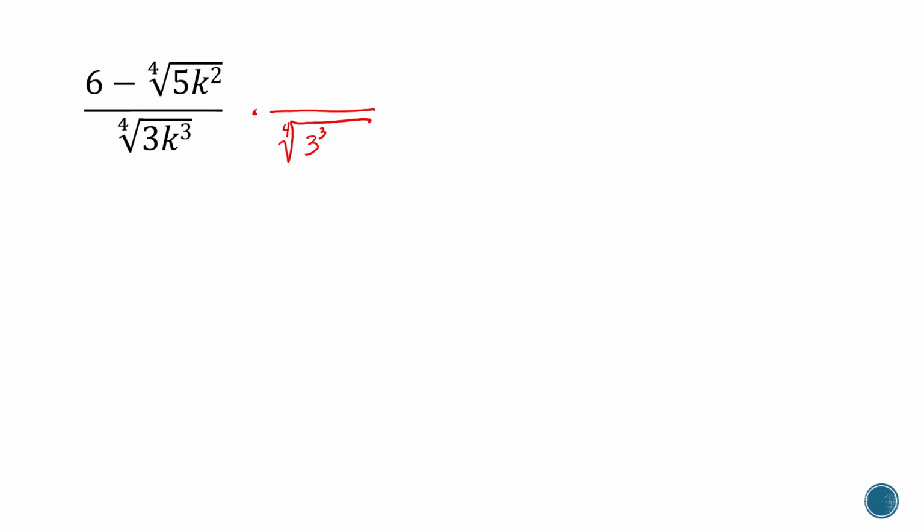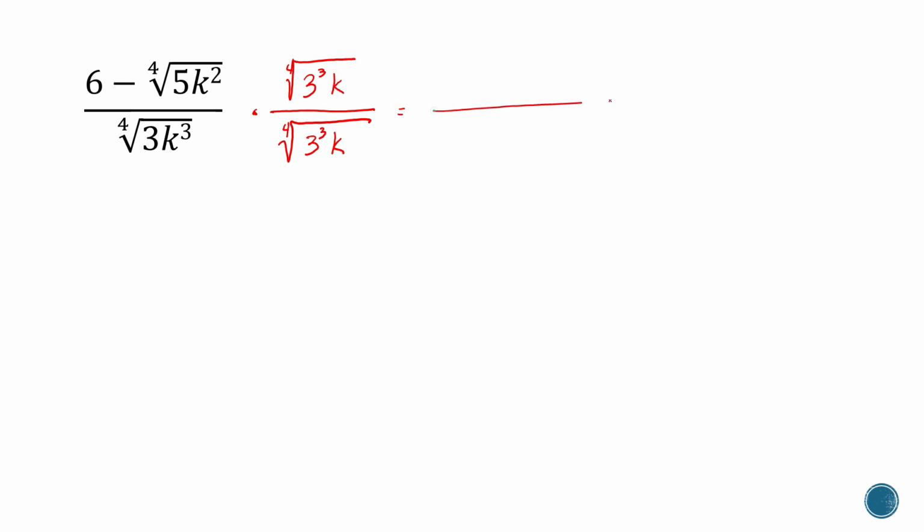Why is that? Because if we multiply 3 by 3 raised to 3, we get 3 raised to 4. And for the k, we just multiply by k, because k times k raised to 3 is equal to k raised to 4. In the numerator, we'll also multiply by 3 raised to 3 times k.